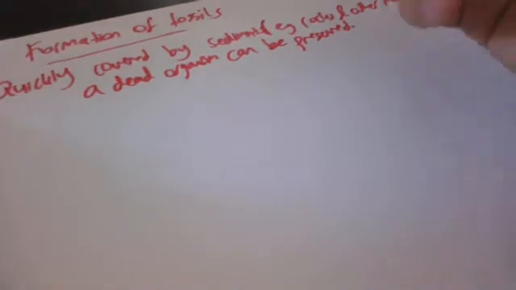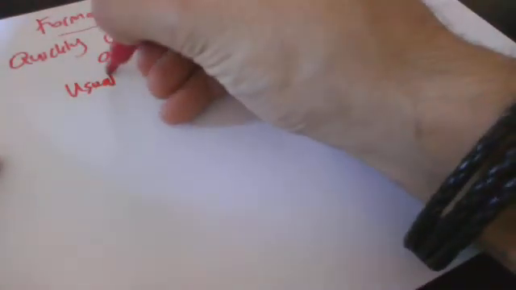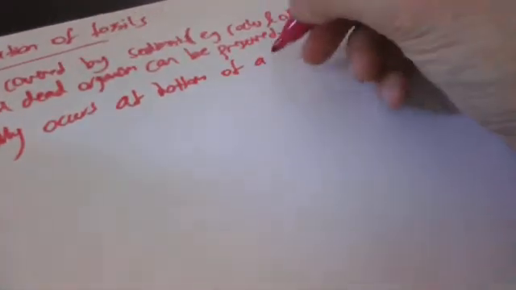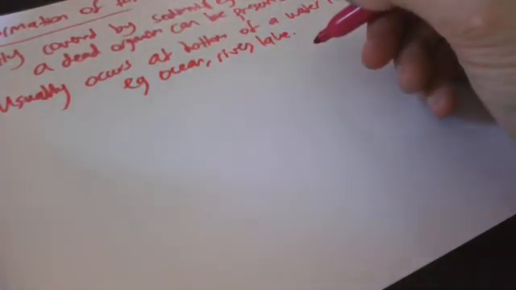You can actually prevent it from decaying and getting torn apart by nature. And this usually occurs at the bottom of a water reservoir, water storage, okay? Example, ocean, river, and lake. They basically cover any dead organism lying there.